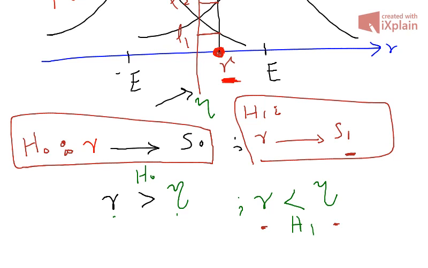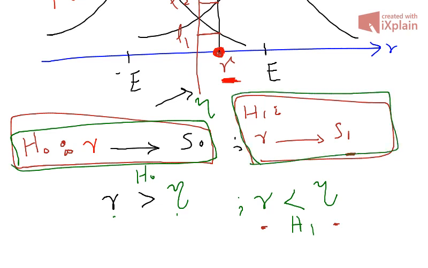We observe a sample value and we have a binary hypothesis. This sample value can represent S0 or S1. Hypothesis H0 says that the sample value is S0, and hypothesis H1 says that the sample value is S1.